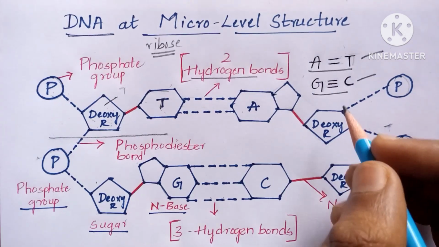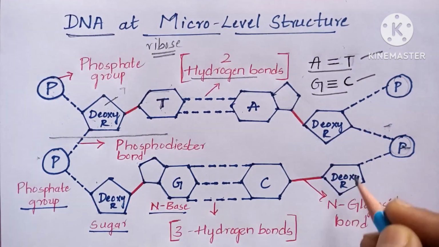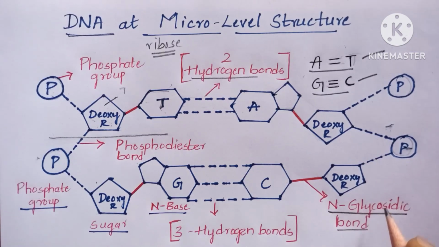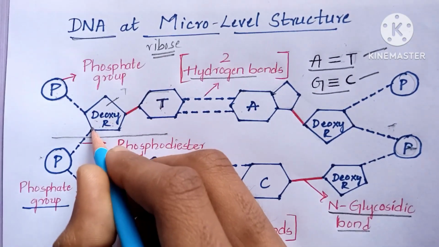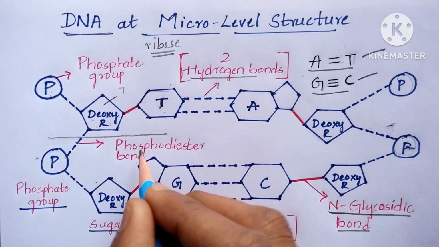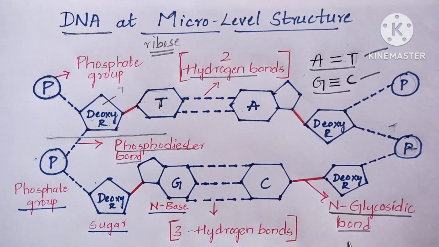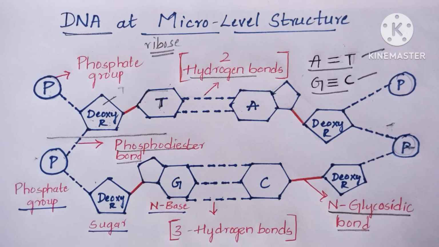The bond between the nitrogen base and the sugar molecule is known as a glycosidic bond, and the bond between the sugar molecule and the phosphate group is known as a phosphodiester bond. Now let us further learn about purines and pyrimidines.